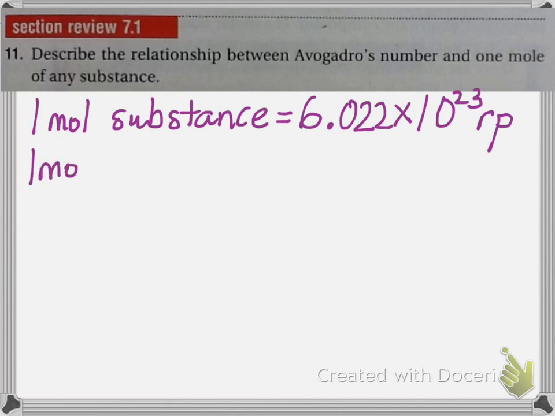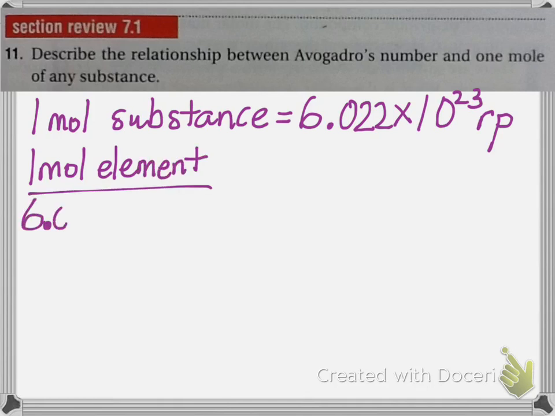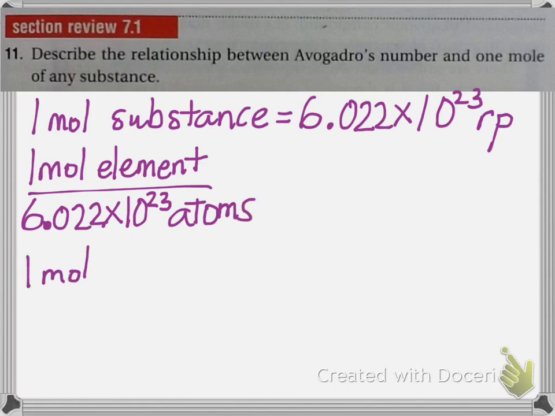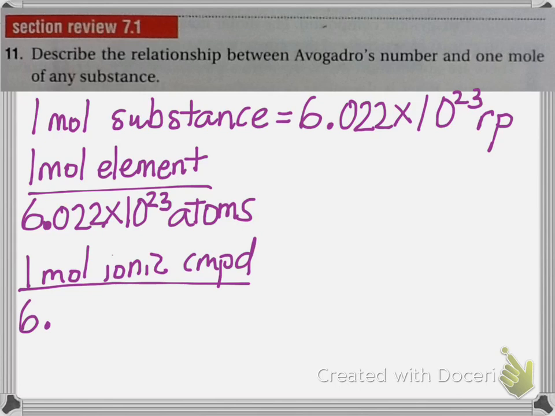So 1 mole of an element, that's a substance, is 6.022 times 10 to the 23rd atoms, remember, because the representative particle of an element is an atom. 1 mole of ionic compound is Avogadro's number of formula units of that same compound.